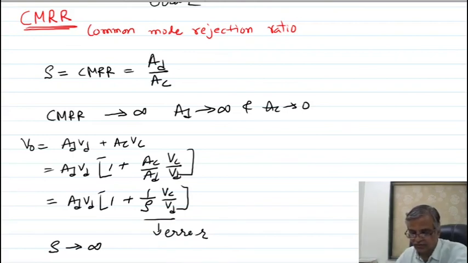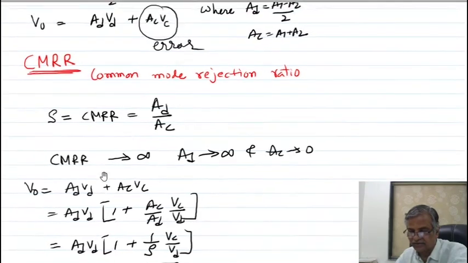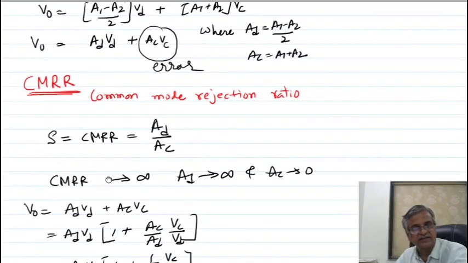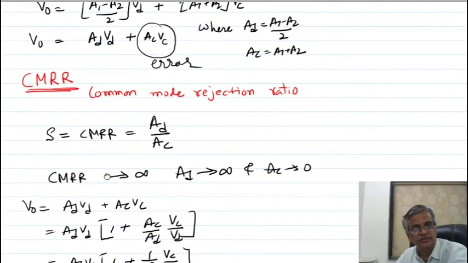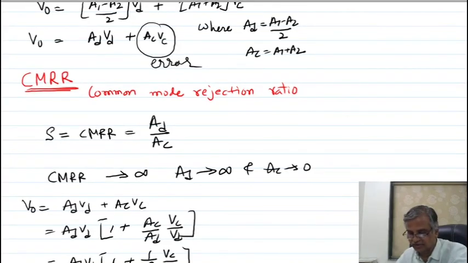So one parameter of the op-amp is known as CMRR. It is the common mode rejection ratio, given by AD by AC. And you know that CMRR expresses how successful a differential amplifier is in providing differential gain and rejecting common mode gain.